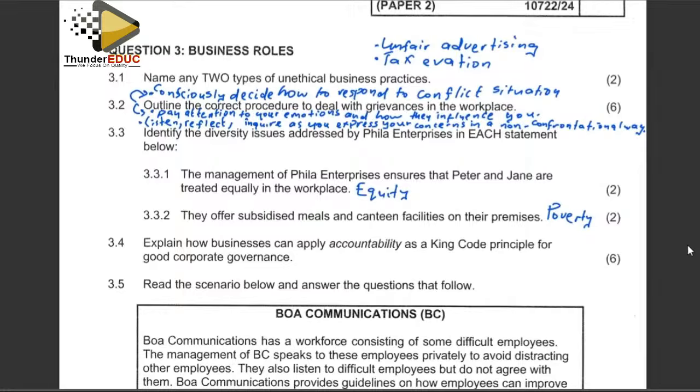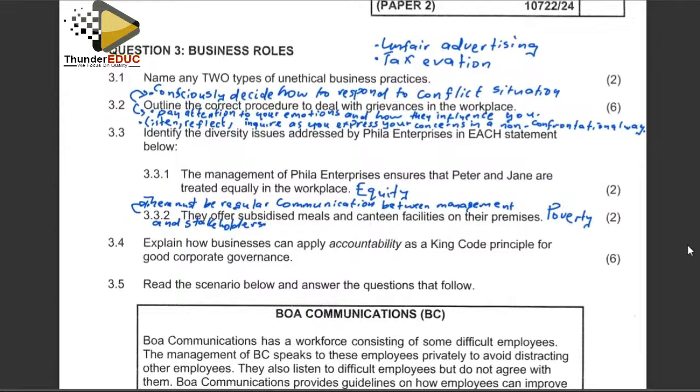You're saying that there must be regular communication between management and stakeholders.